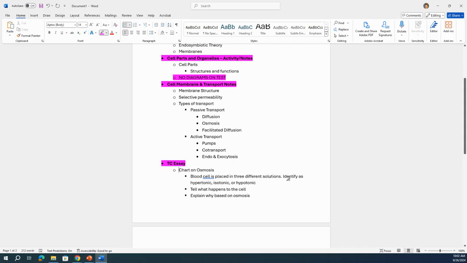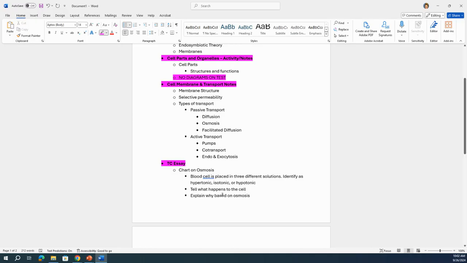So in one column, you're going to identify the percentage of the solution, and you're going to determine whether that's hyper-, iso-, or hypotonic. In the middle column, you're going to tell what happens to the cell. That's essentially going to be the cell is going to expand or swell or possibly burst, the cell is going to stay about the same, or the cell is going to shrivel or shrink.